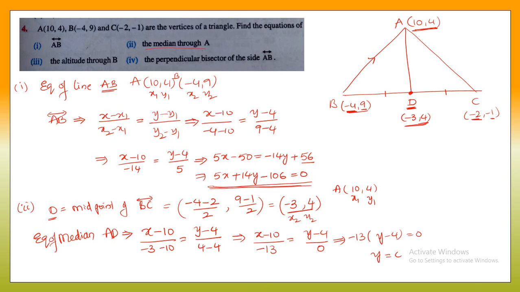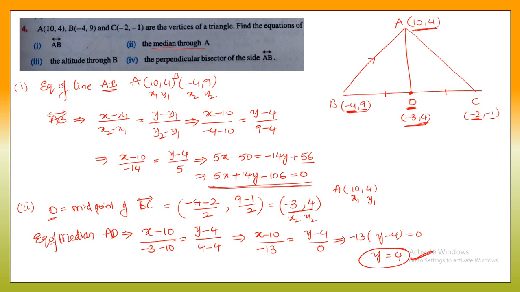So clearly y = 4 is my equation of the median. Since the y coordinates are the same, y = 4 is the equation of the median. Now the next question, number 3, what is it asking? The altitude through B.